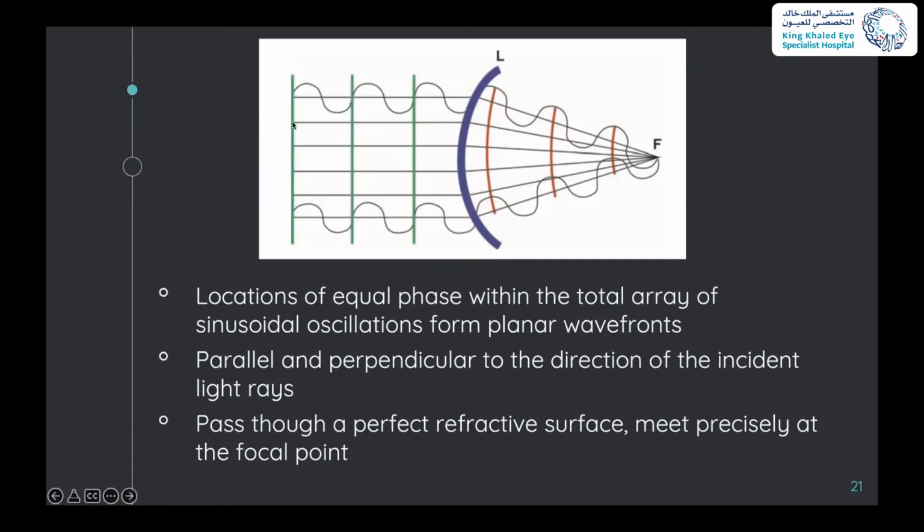These wavefronts are parallel to each other, and they are perpendicular to the direction of the light ray. This is what we mean by wavefront, basically. As this wave passes through a refractive surface, if the surface is perfect, the rays should meet at an exact point, and this is what we call a focal point.